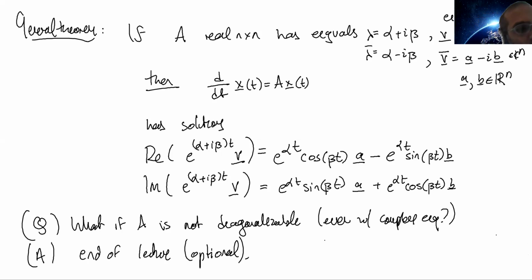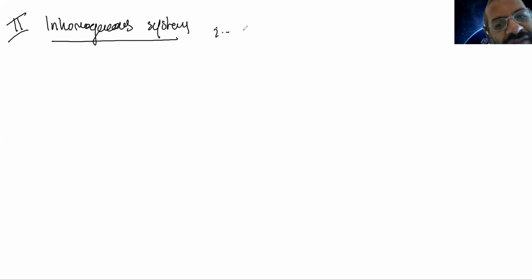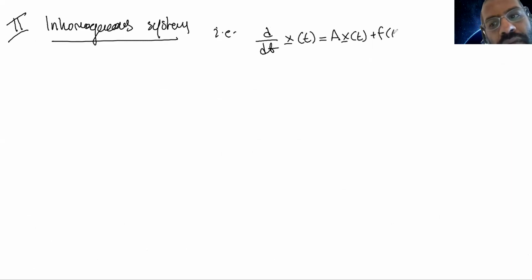The second item was inhomogeneous systems, which means equations that look like this, where f is some function in Fn, and x is your unknown.